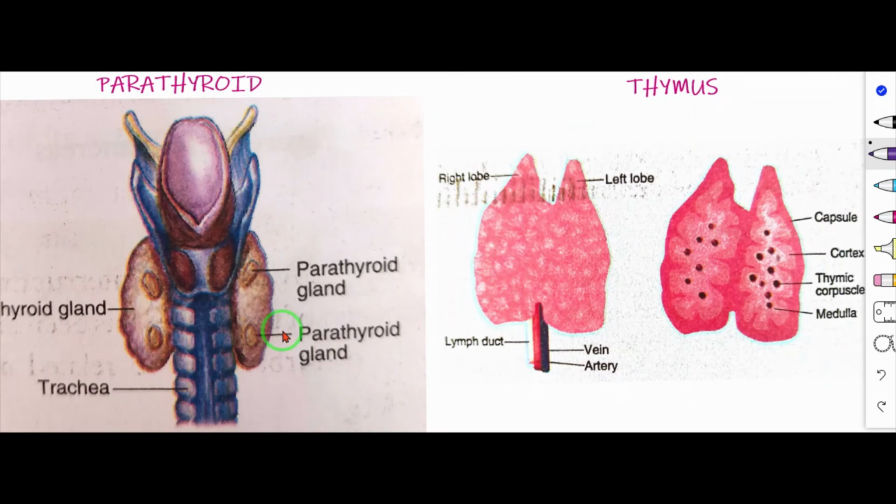Now next one is dysfunction. When the parathormone level is decreased, what problems may arise? So first one, muscle spasm known as tetany. That means contraction of muscles in the face, larynx, hands and feet.